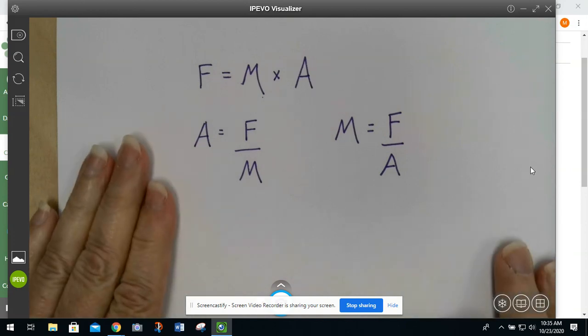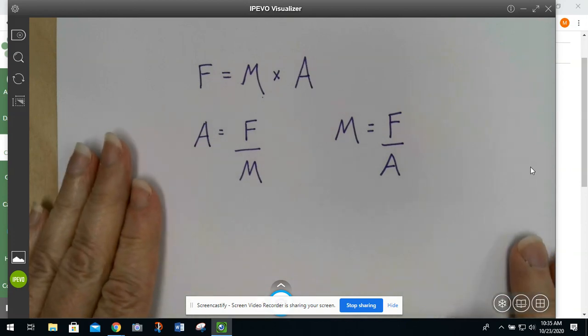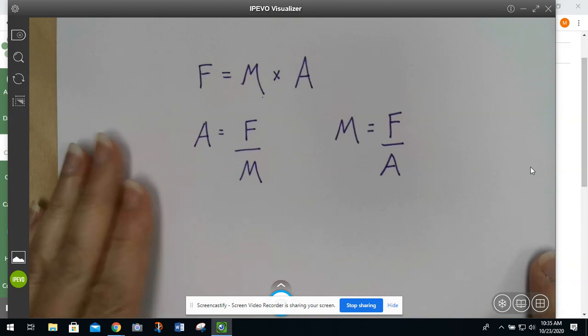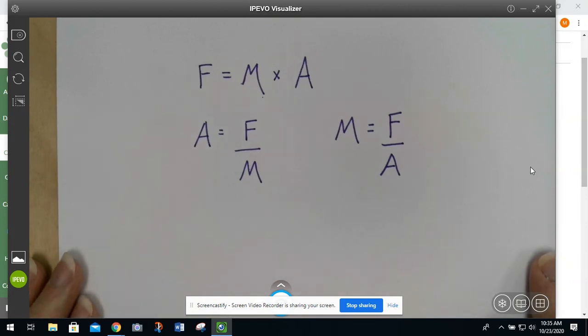All right, so basically what we're supposed to have learned to this point with Newton's second law is that the acceleration on an object, how quickly it's going to speed up or slow down or change direction, depends on two things. It depends on the force that we're putting on the object, and it depends on the mass of the object. And that should kind of make sense. Don't make that overly hard.